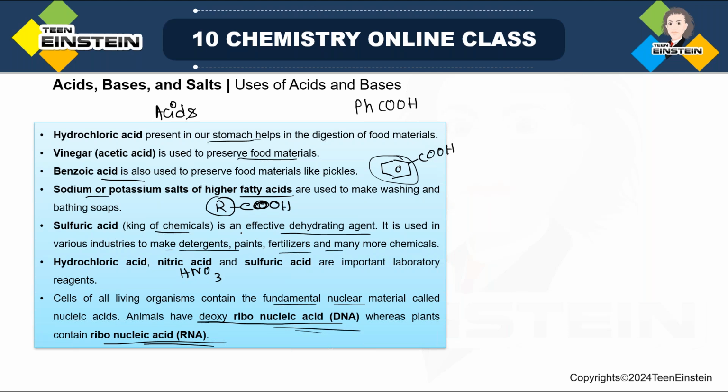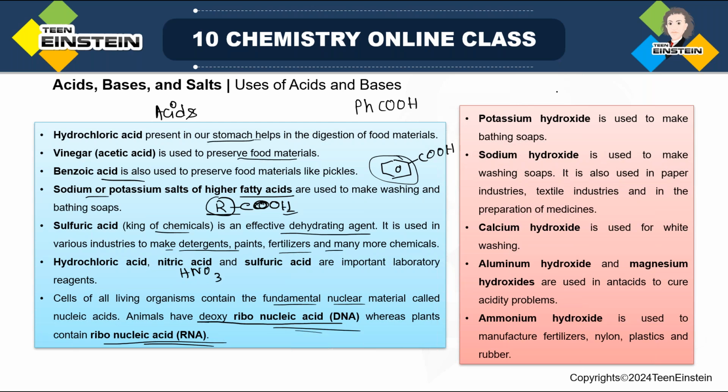I am not going into details, just remember that a fatty acid has a CO2H group and a long chain of carbon and hydrogen. But we are talking about the salt. Suppose this H is replaced by sodium or potassium, we call it the sodium salt of higher fatty acid. Higher means the chain is very long. The sodium salt of this fatty acid is used in washing or bathing soap.